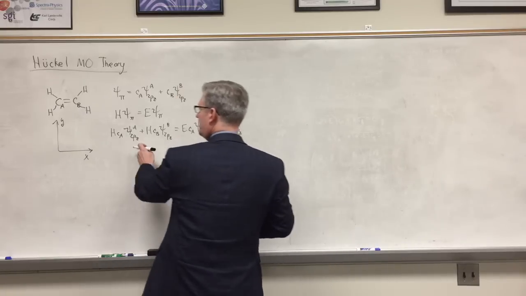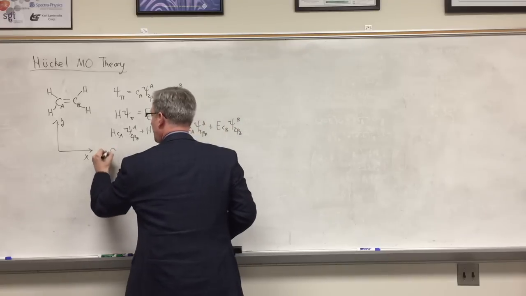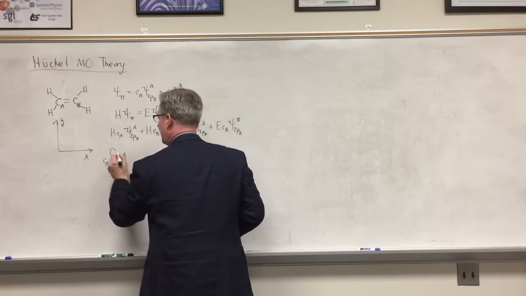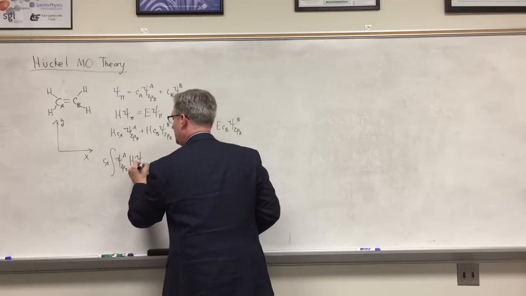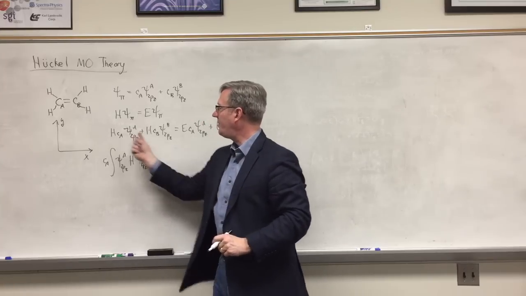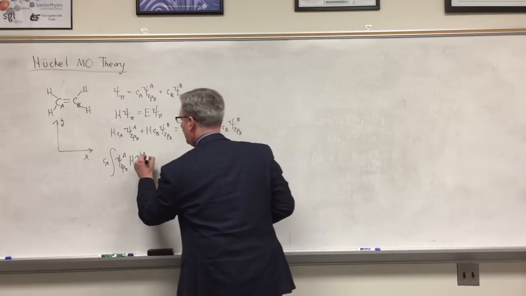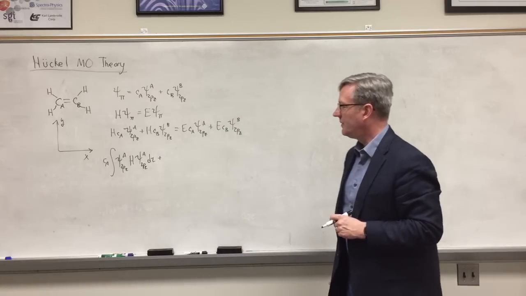First term, I keep the c sub a out front, and I'm integrating psi 2pzA multiplying on the left, then my Hamiltonian, then psi 2pzA, and I need d tau for my placeholder differential volume.